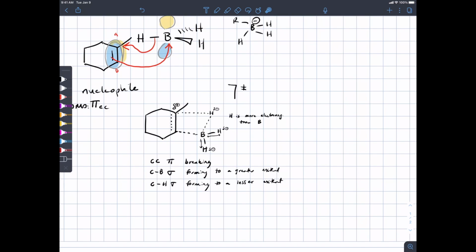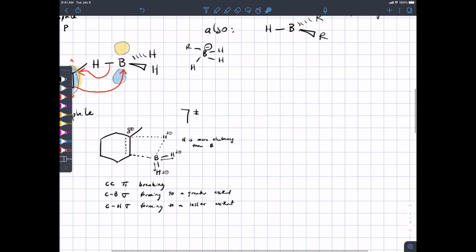It's not just lifting off by itself. It's being directly handed off from boron to carbon in that transition state. So H minus never really forms. What you have is just this transition state where all of this stuff is going on at once.